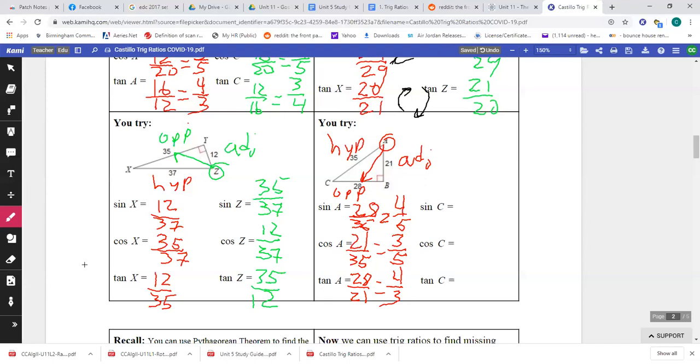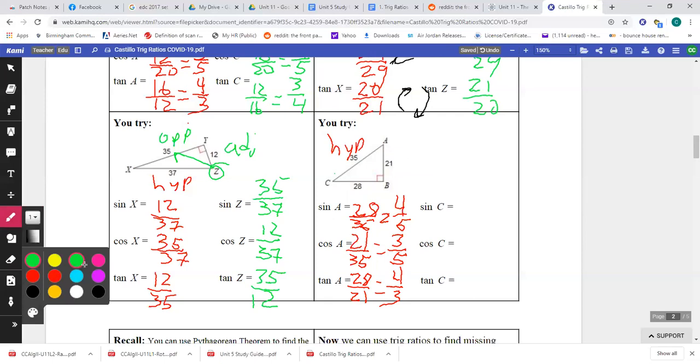Okay. Now, if I change my angle of focus, the sine of C, so this time this one's my opposite, this is my adjacent, right? So your opposite and adjacent will change depending on which angle you're looking at.